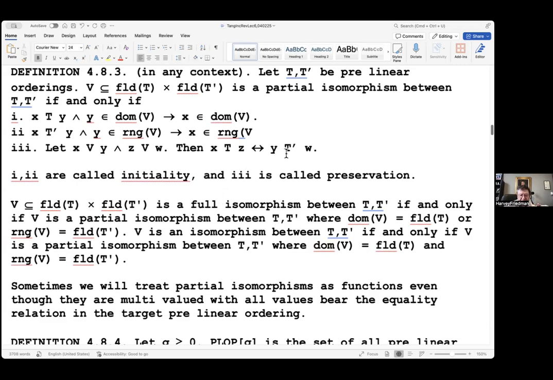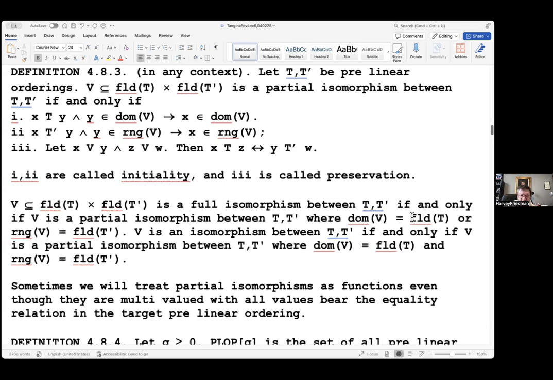T and T prime are preserved, but the main point that should be remembered is initiality. That is, the domains and the ranges are closed downwards, as required to be a partial isomorphism.